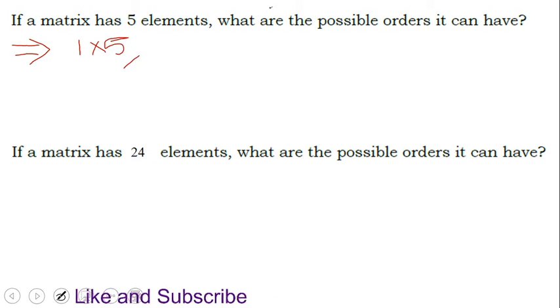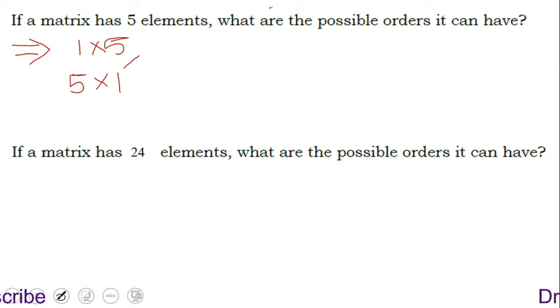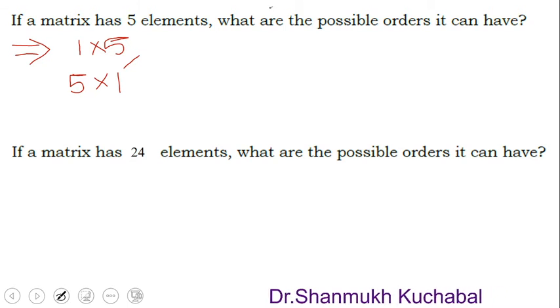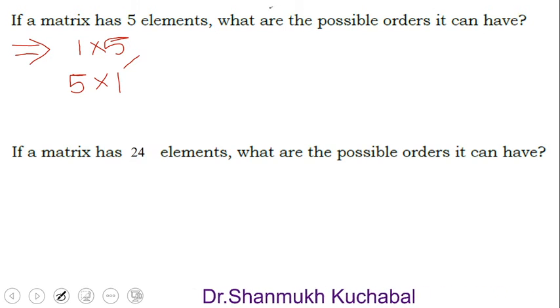One more possibility is the reverse order, 5 into 1, which is 5. Since 5 is a prime number, only two possibilities exist: one is row into column, another is column into row. Only two possibilities we get.